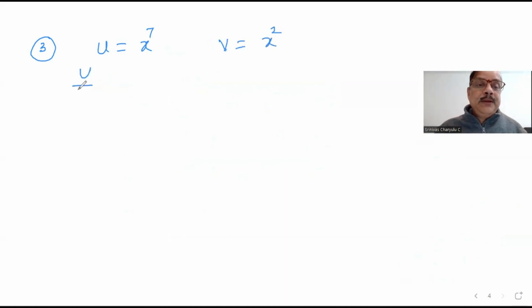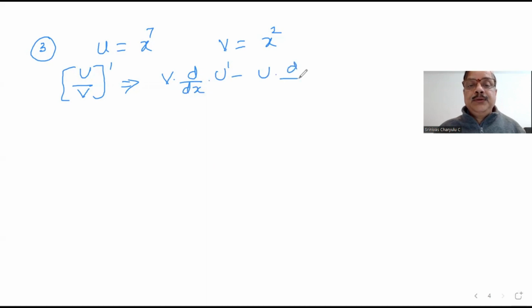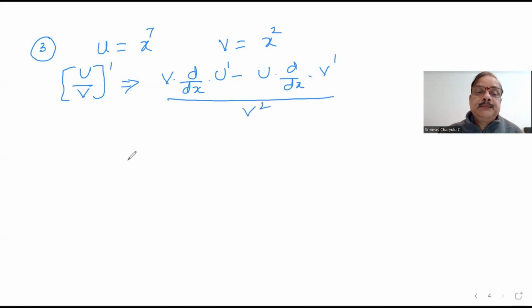What is u by v for me? The differentiation of u by v is equal to denominator into differentiation of numerator, minus numerator into differentiation of the denominator, divided by denominator square.